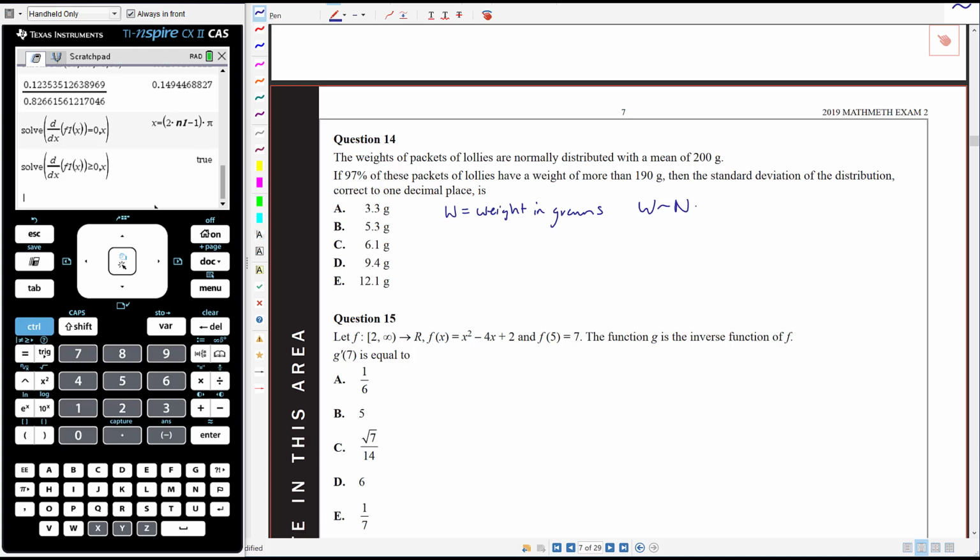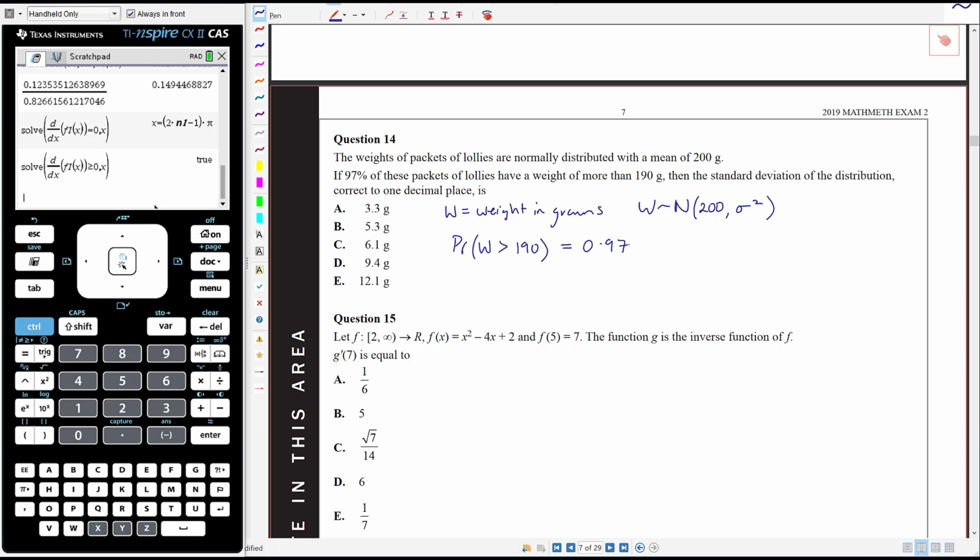W is a normally distributed variable. The mean is 200 and the standard deviation is unknown, so the variance is unknown. What we do know though is the probability that the weight is more than 190 grams is 97%, so 0.97. And we want to use that to find the standard deviation.